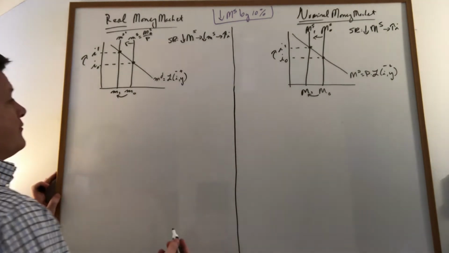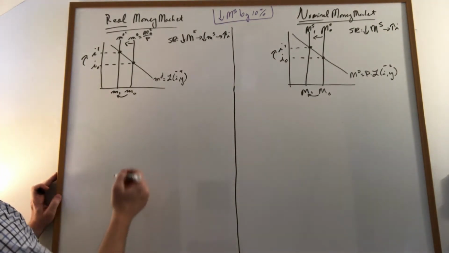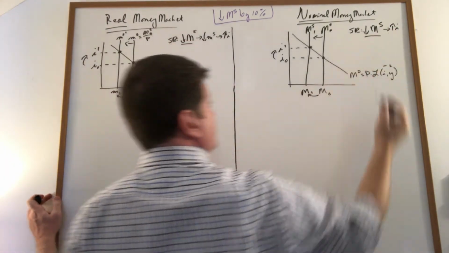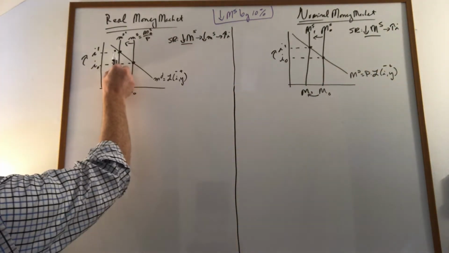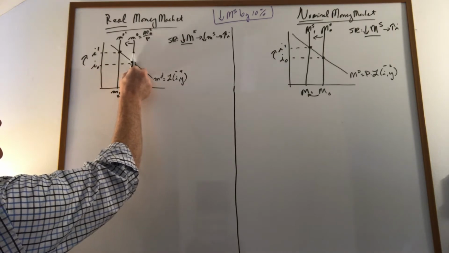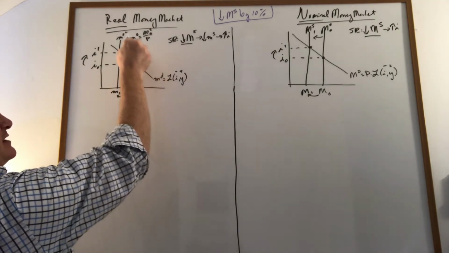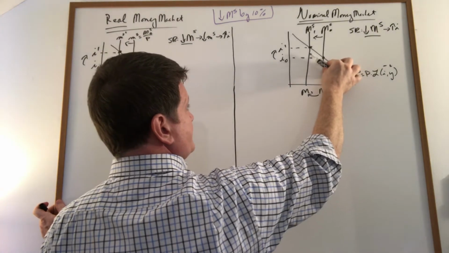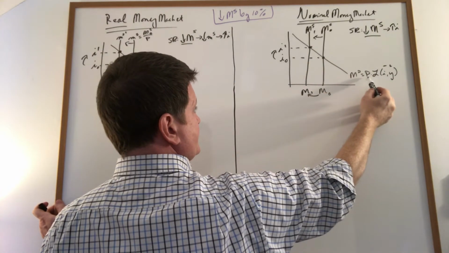Now, in the long run, we know that prices will eventually adjust to offset this. In this case, the real money supply will shift back to the right as prices decrease. And in this case, this curve will shift down to the left as prices decrease.